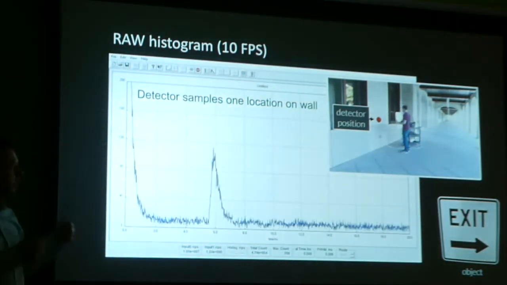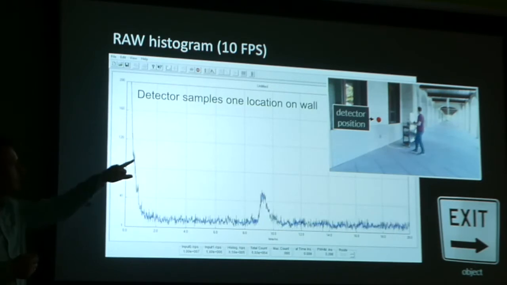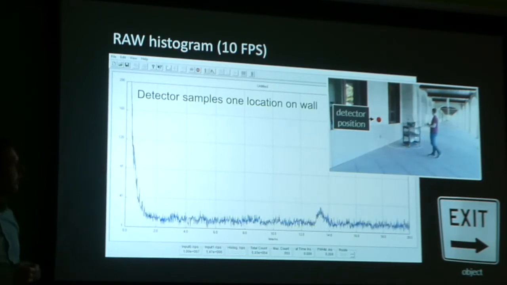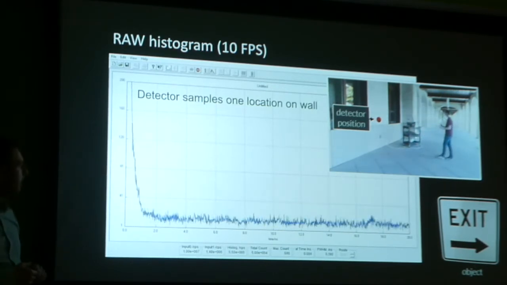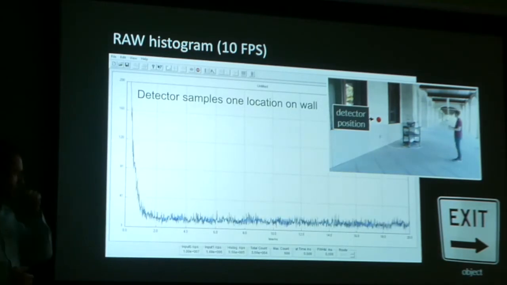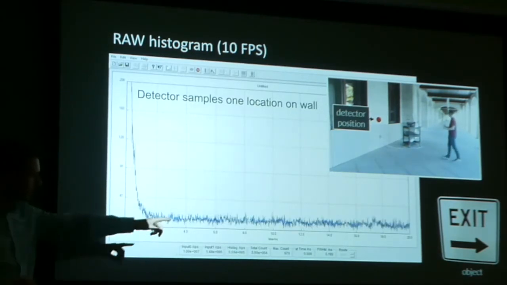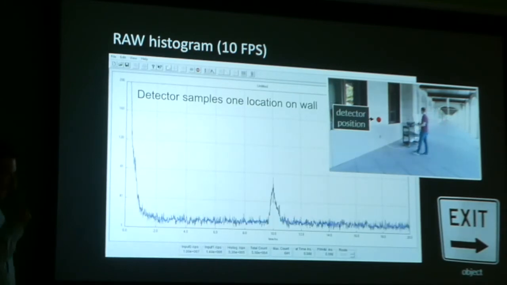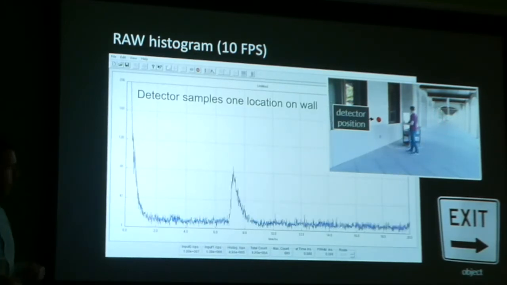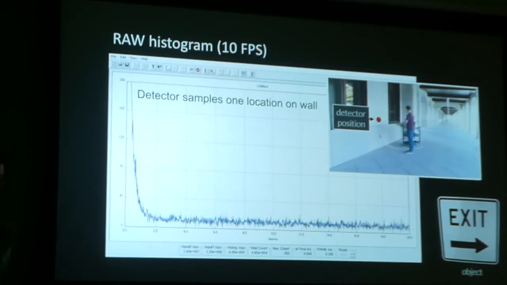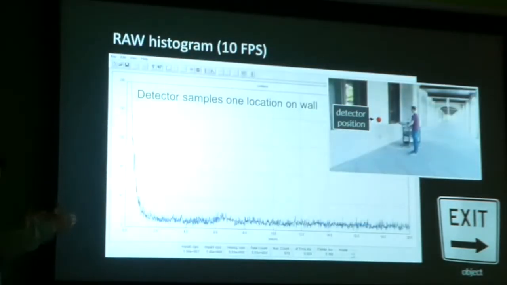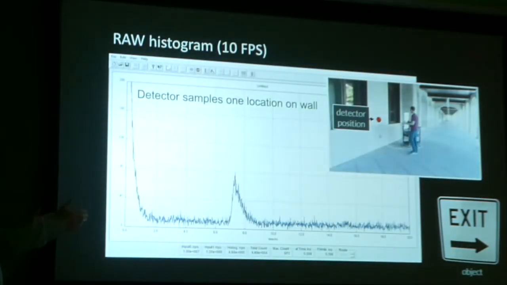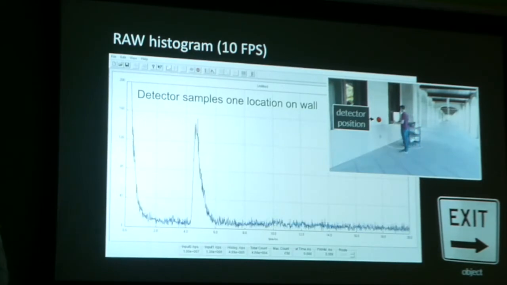So this is me, I'm holding this exit sign, and we're illuminating and imaging some spot on this wall outside. Of course, there's the bright peak that we see from the direct light. Then you also see the smaller peak, and that corresponds to this exit sign that I'm moving back and forth. So as I get closer, that peak is closer in time and also higher in amplitude.